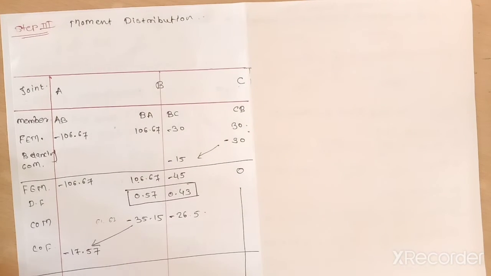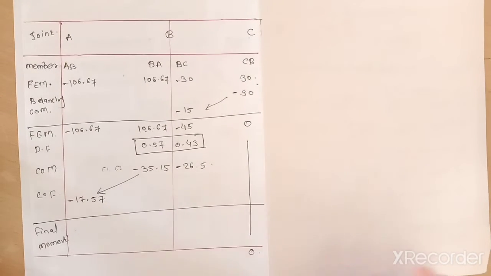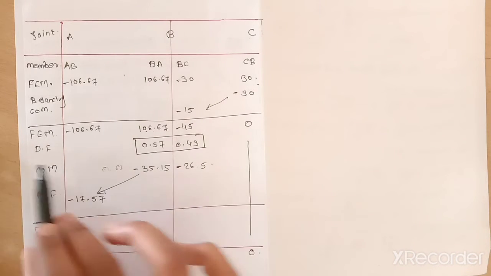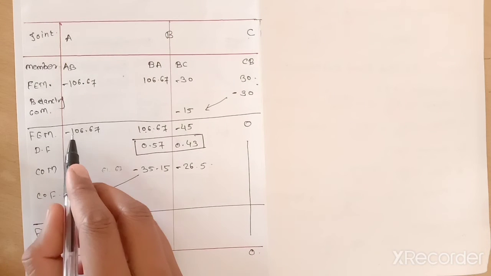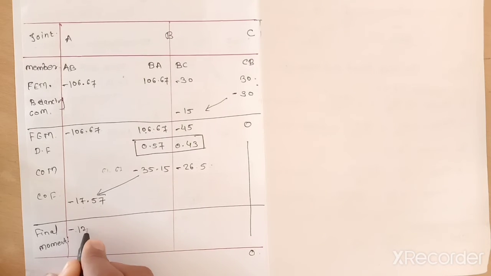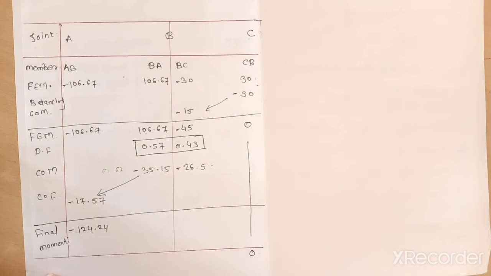Then next, final movement, adding all these values excluding distribution factor. So here minus 106.67 minus 17.57 is nothing but minus 124.24.